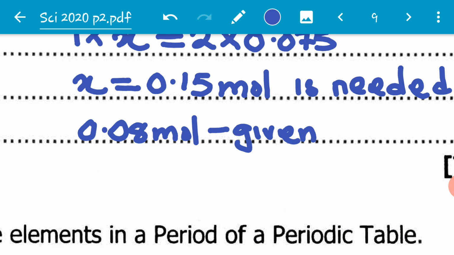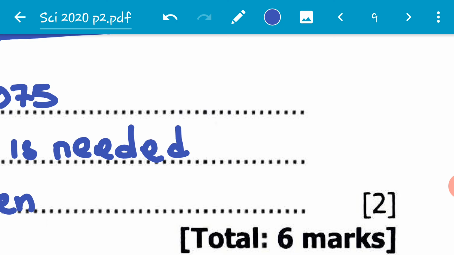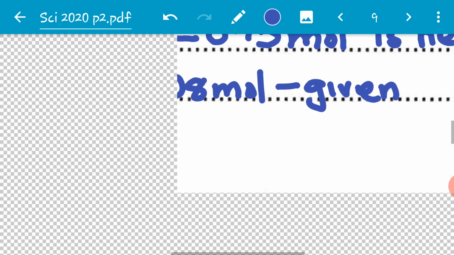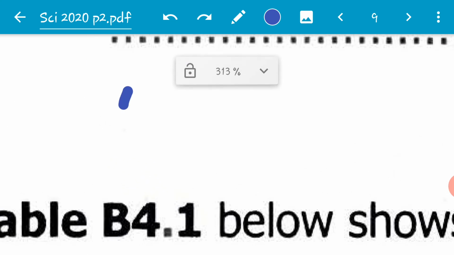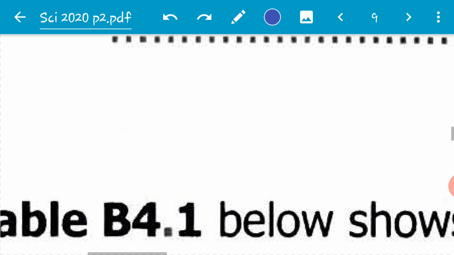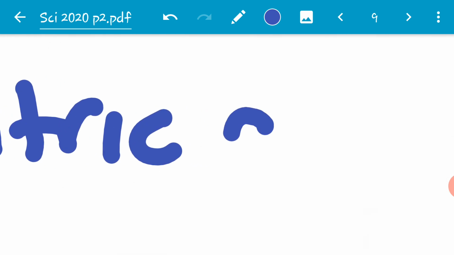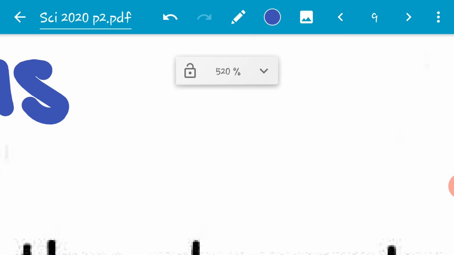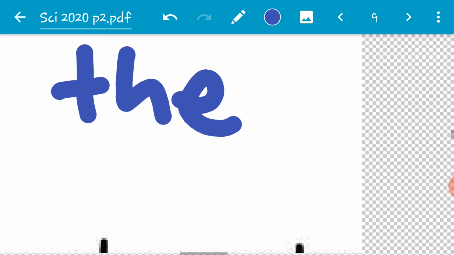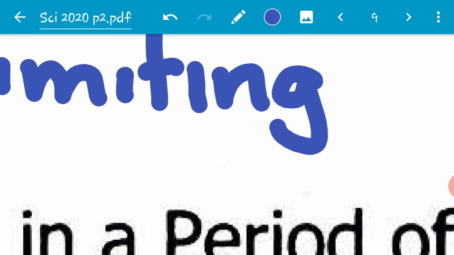Therefore, we are going to say that nitric acid, because what we've been given is less than what is needed, is the limiting reagent.